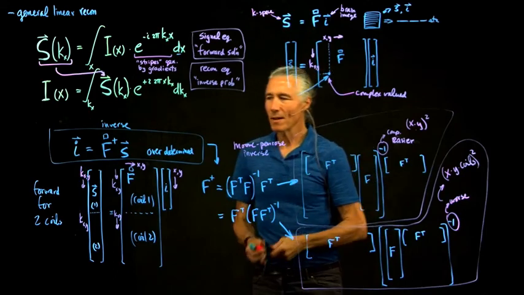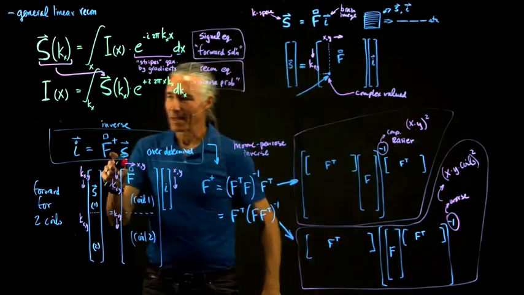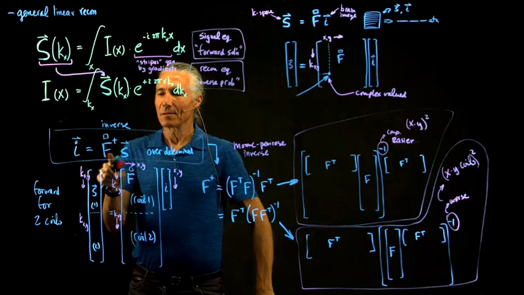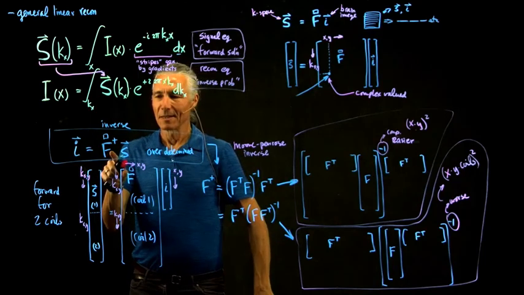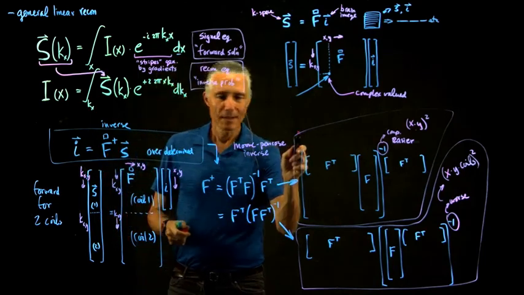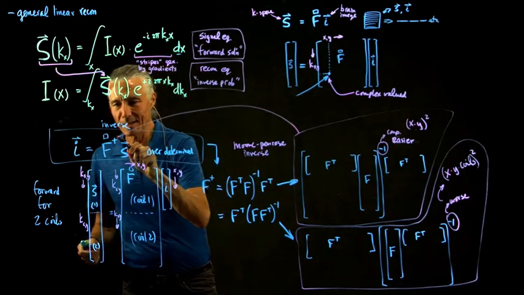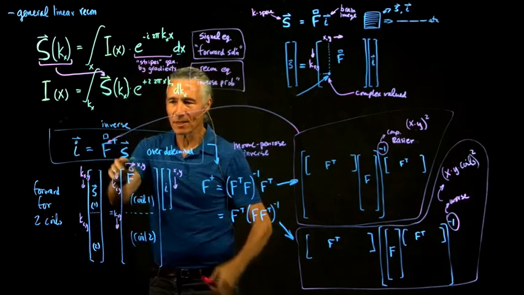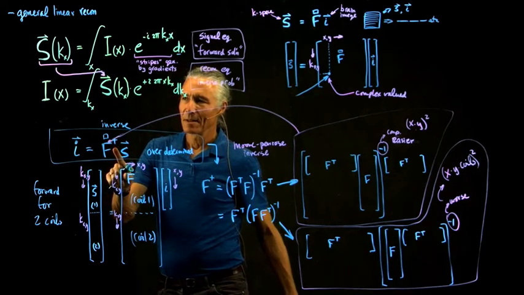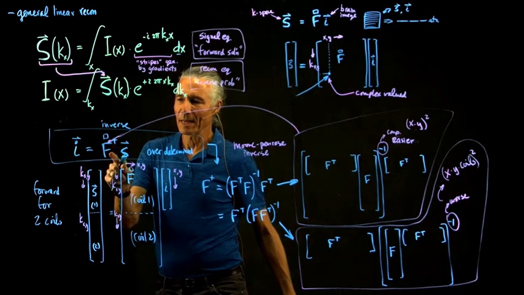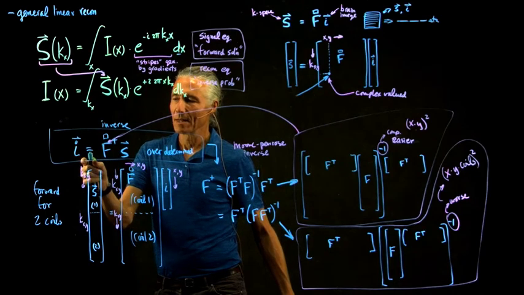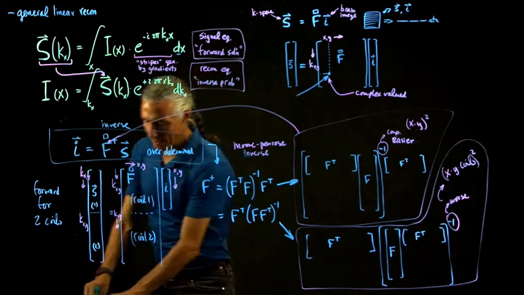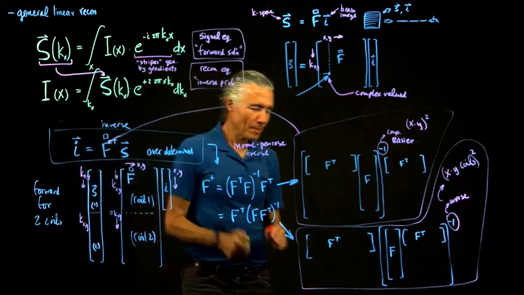And then we would end up with this guy, which generates this guy. Once we have that, we just have to do a simple matrix multiplication. We multiply the signal that we got times this, and then we would get a better image.